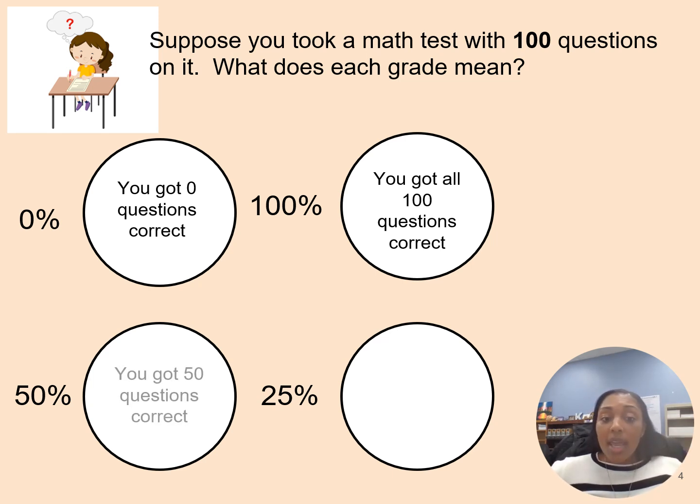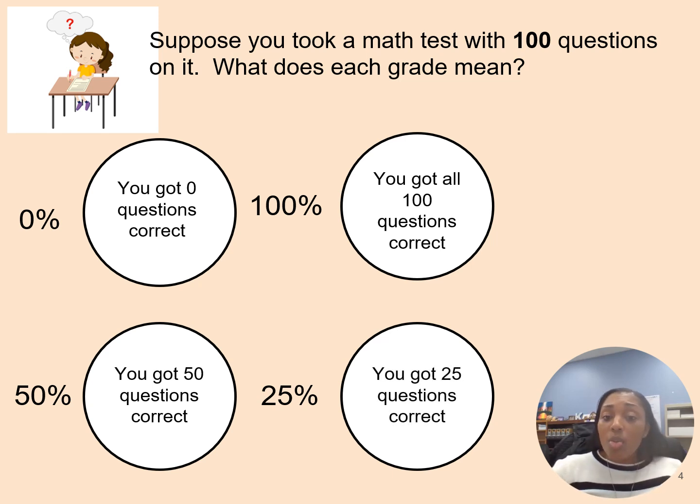Well, let's say you got a 50%. Well, that means that you actually got 50 out of the 100 questions correct. And we know the relationship between 50 and 100 is that 50 is half of 100. So 50% means we're looking for half. And the last one is, what if you got a 25%?